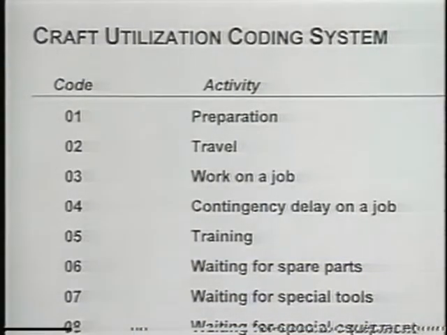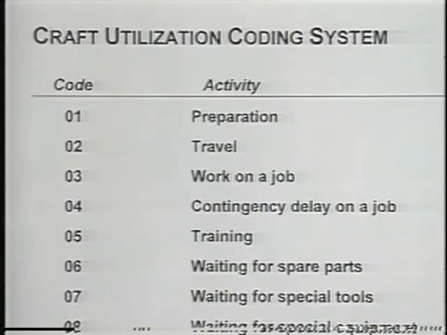Now, as indicated on page number 7, we have our craft utilization coding system. These codes can be fixed within a reporting system, or they could be inputted by craft personnel based upon particular activities.